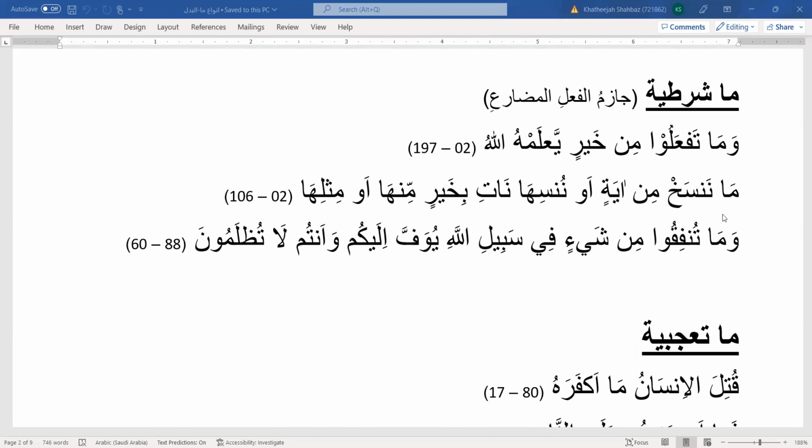Similarly, now another example, مَا نَنسَخْ مِنْ آيَةٍ أَوْ نُنسِهَا نَأْتِ بِخَيْرٍ مِنْهَا أَوْ مِثْلِهَا. Whatever we cancel, we abrogate. So it should be nansahu. Nasaha yansahu, like fataha yaftahu.